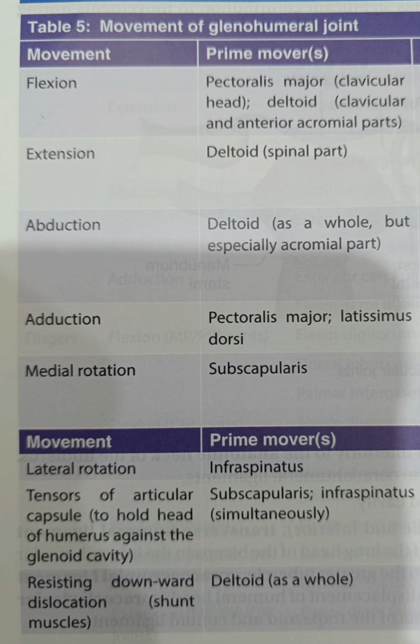And the next overhead abduction, 90 to 180 degrees, is carried out by two muscles, trapezius and serratus anterior. Supraspinatus till 15 degrees, deltoid 15 to 90, infraspinatus and teres minor for lateral rotation, and 90 to 180 because of trapezius and serratus anterior.